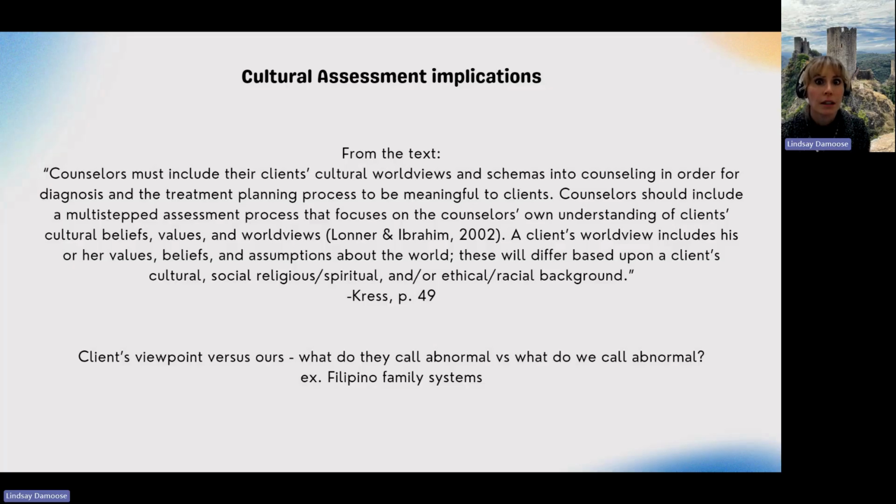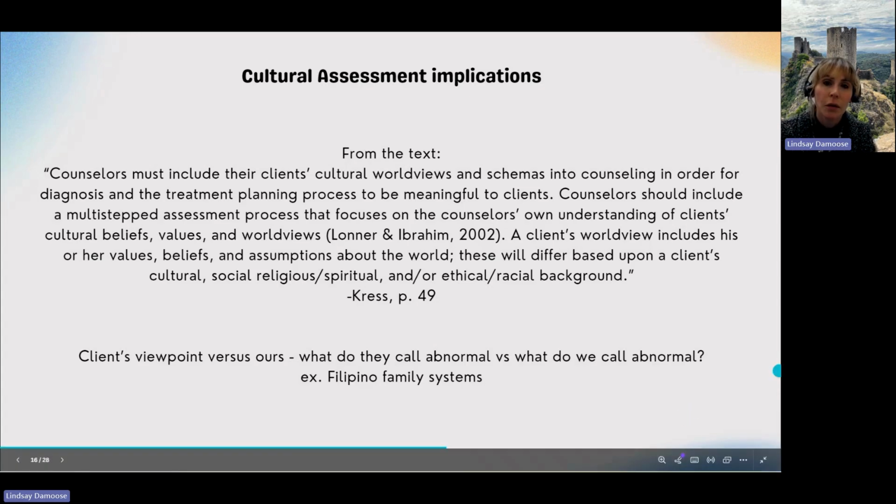So it's important for us to think about how our assumptions of the world, our assumptions in relationships, and our assumptions about what we deem problematic behavior fit with somebody else's worldview of what we say is problematic versus what they say.